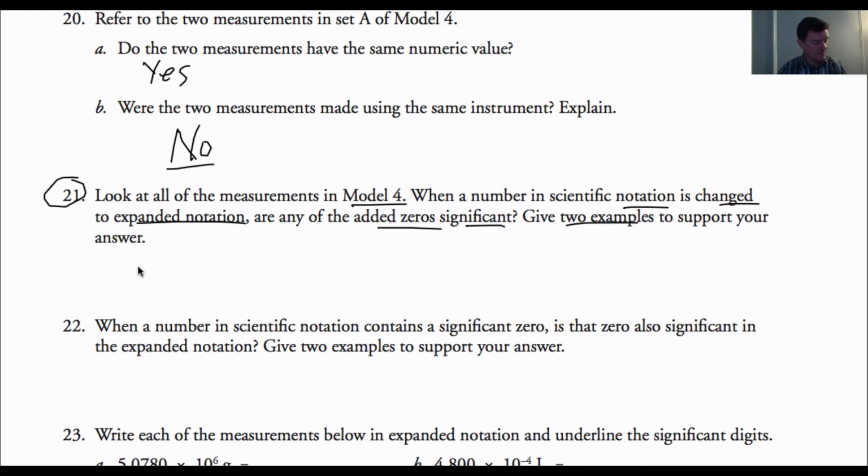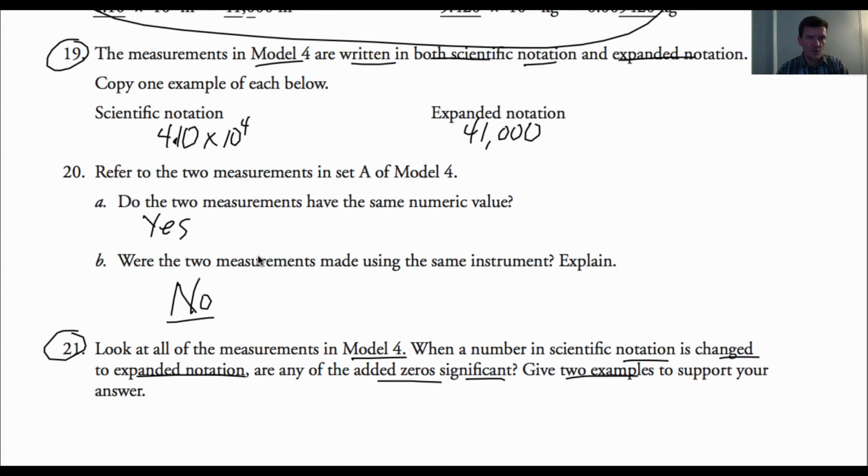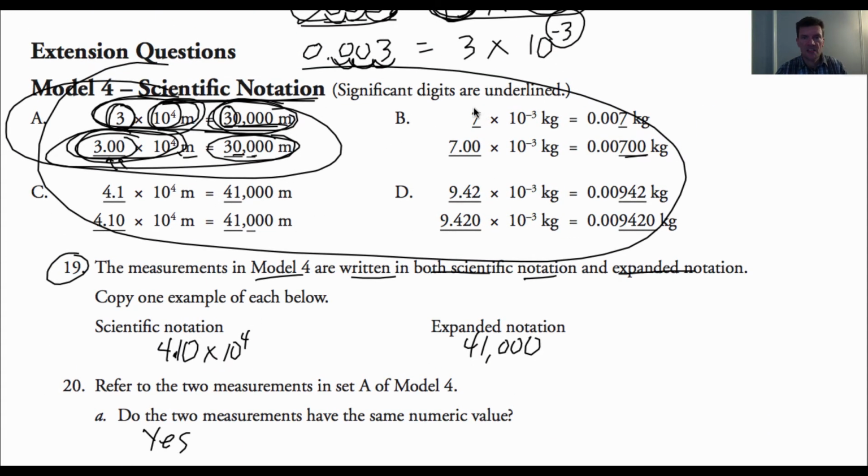So number 21. When you go from scientific notation to expanded notation, you are only adding zeros that are placeholders. You added those 3 zeros. Same thing here, you added those 3 zeros. Over here, you added those 3 zeros, and you added these 2 zeros.